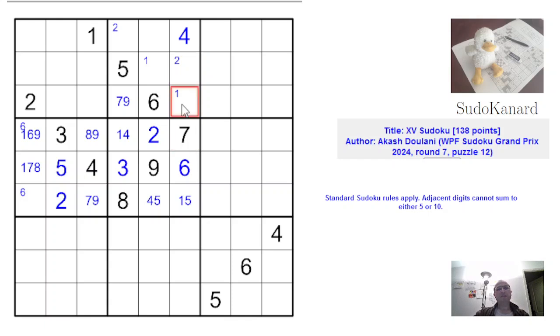We can't put the 3 next to the 7. Actually, there are not that many options for that cell. That cell must be different from all of those. And it can't be a 3 next to the 7. So we're left with 1, 8, and 9, I think. I think that's correct.